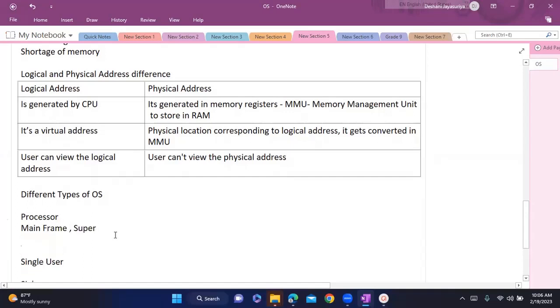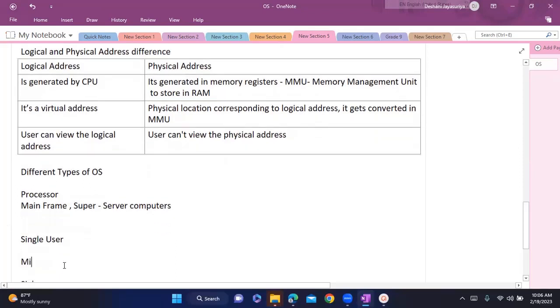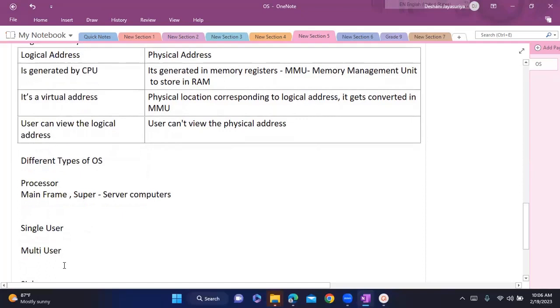You can categorize them as server computers, which are multi-user computers. So you're going to write it this way. Multi-user is mainframe and supercomputer.